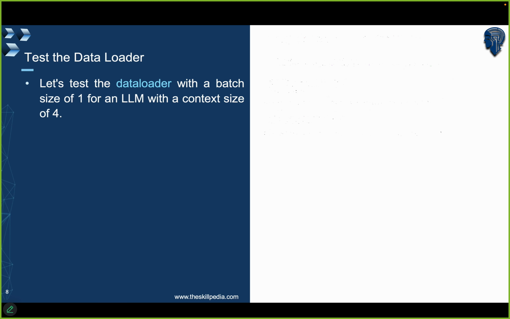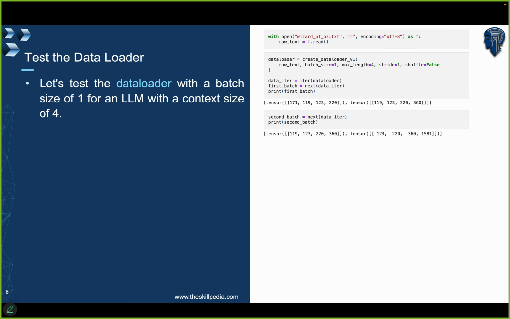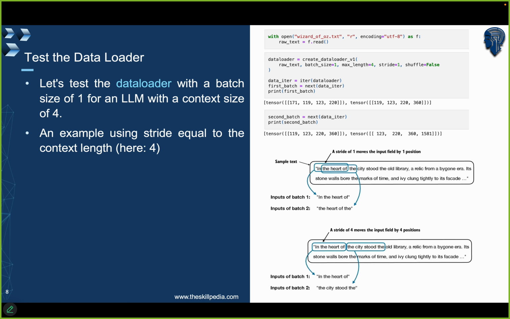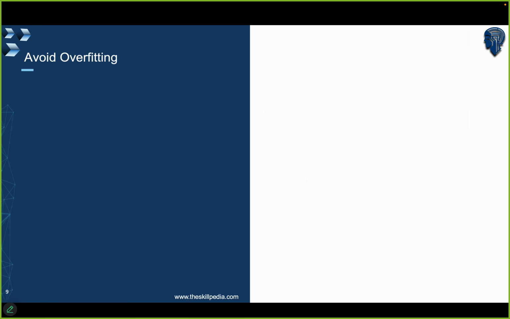That's an important point to understand. The simple example we are considering is not a bigger size, for clarity and understanding purposes, size 4. An example using stride equal to the context length, here 4. And this is what I have explained during the slide, during this demonstration also.